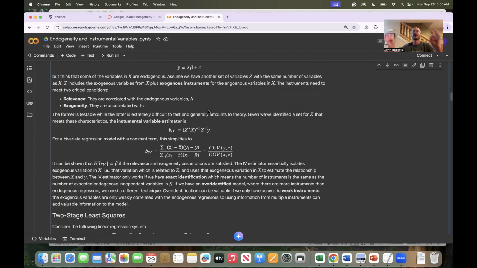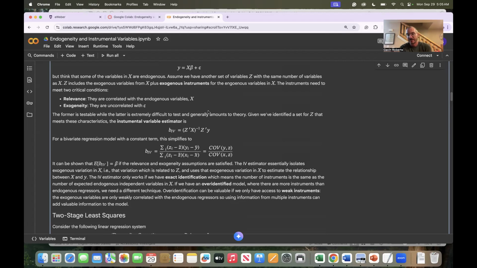So those are the two subsets of variables that live in Z: any variables in our regression that we believe are exogenous, so don't have the issue, plus our stand-ins for the endogenous regressors X, because we're going to come up with a list of variables that we believe are exogenous, correlated with X, but not correlated with the error term.